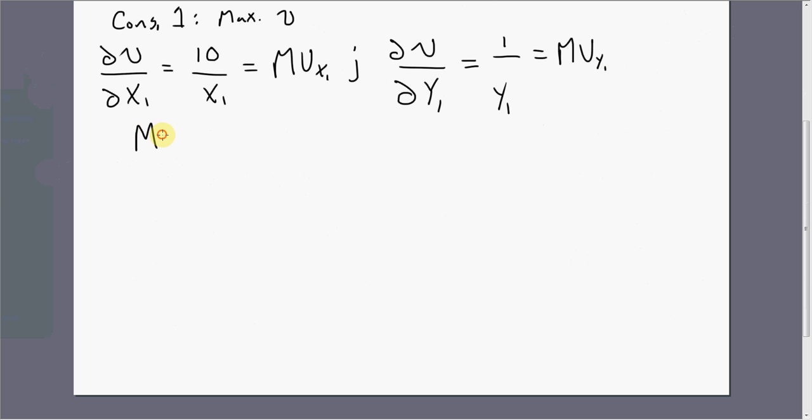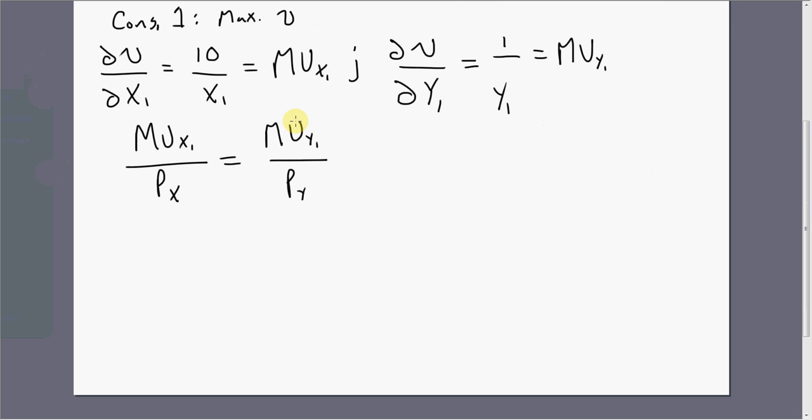When the consumer is maximizing utility, this optimizing condition must hold. The marginal utility per dollar spent on good X equals the marginal utility per dollar spent on good Y.